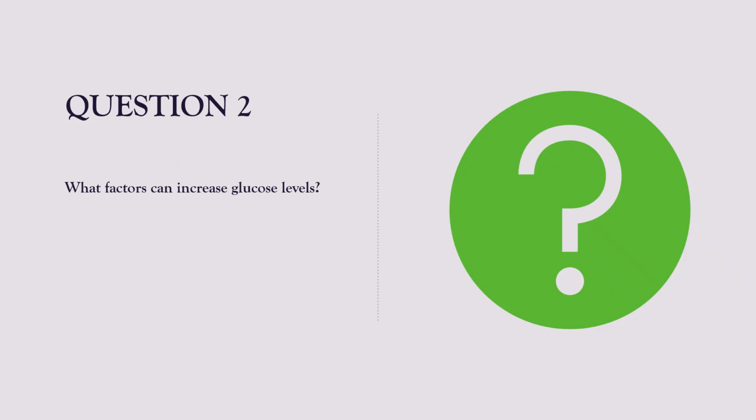What factors can increase glucose levels? There's actually several. Carbohydrates, depending upon how much the person is consuming in their diet. Lack of activity makes the body less sensitive to insulin.